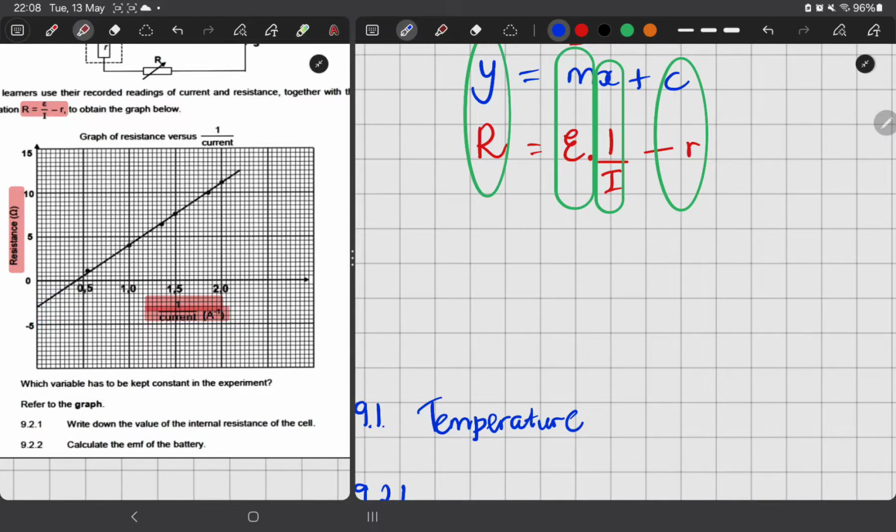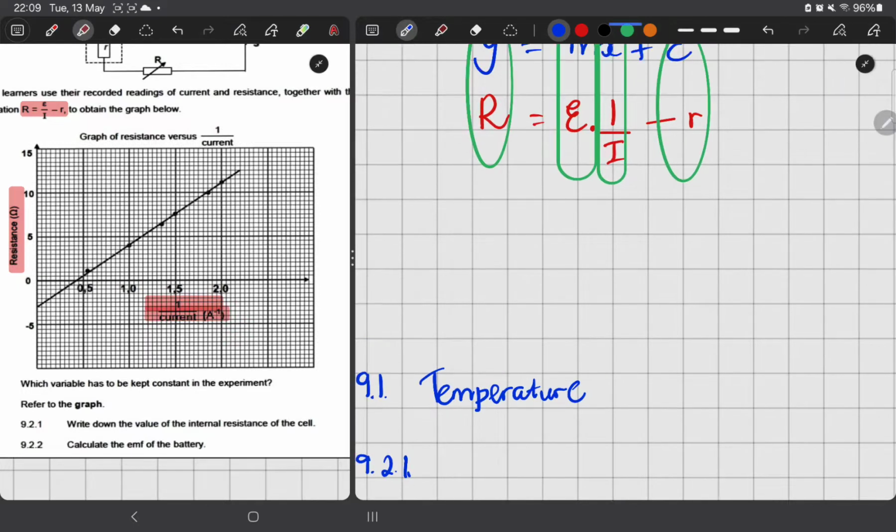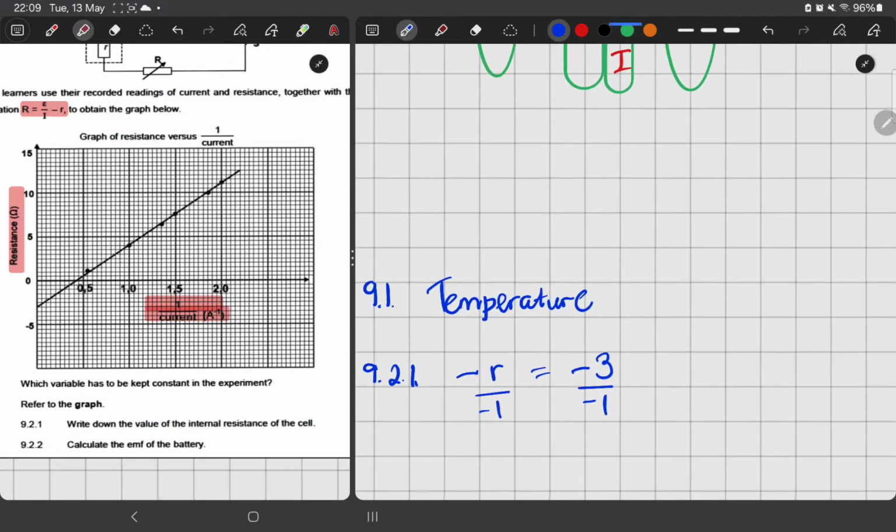You can say that it's -3, but you have to express the answer as a positive. So let me show you how you would write it. From our standard form, -r is equal to -3, and clearly if you divide both sides by -1, then your resistance will equal 3 ohms.